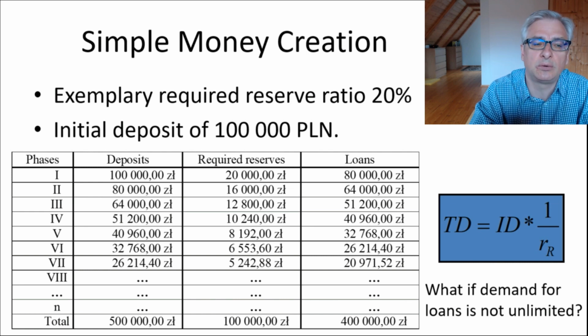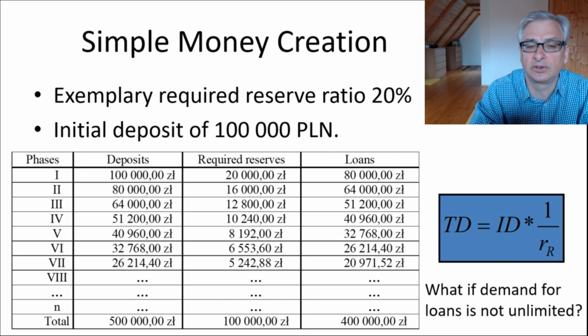Let's imagine that our bank, remember we've got just one bank in the economy, gets an initial deposit of 100,000 Polish zlotys. Someone comes with this kind of money and makes a deposit, and here we are at phase 1, when there is a deposit of 100,000 and we are obliged as a bank to create the reserve.